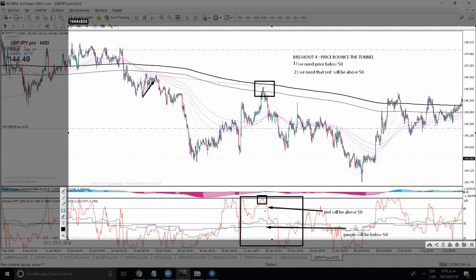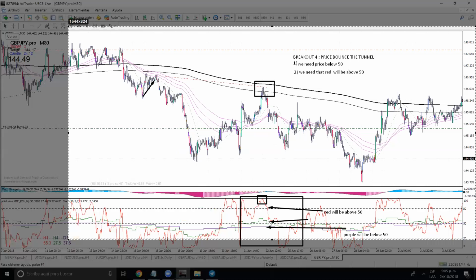The trigger will be the green line. When everything happens and we find this, and the green line is above the 50 level and crossing down, for this bearish example, we're going to have an entry here.